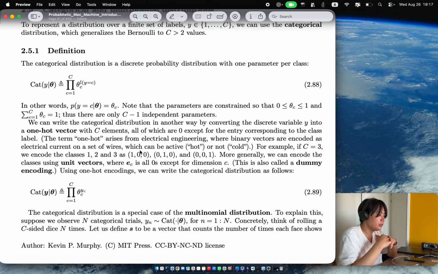It's like a computer, where you have this 0, 1 sequence to represent a program. Here the categorical distribution is used for, let's say, encoding.